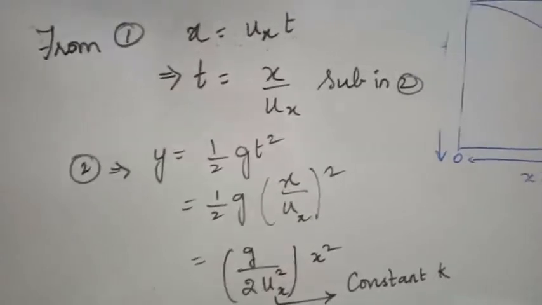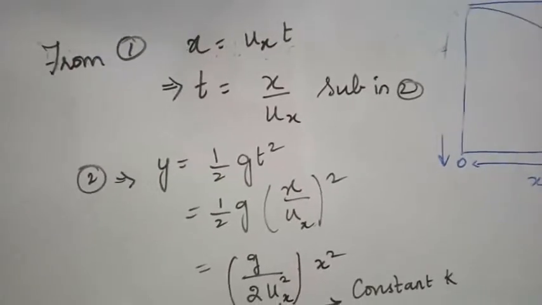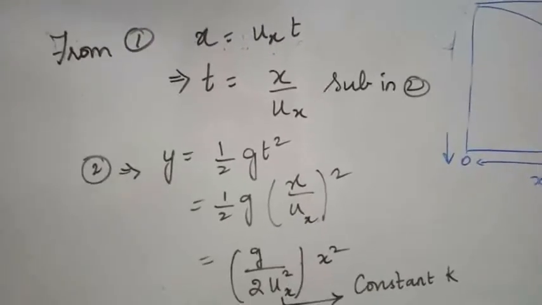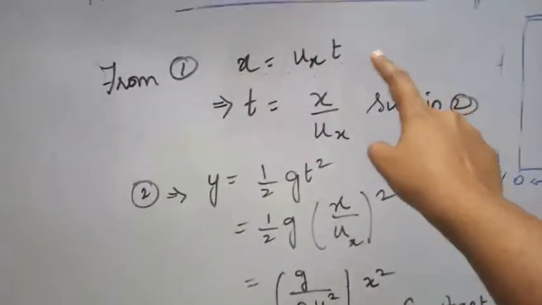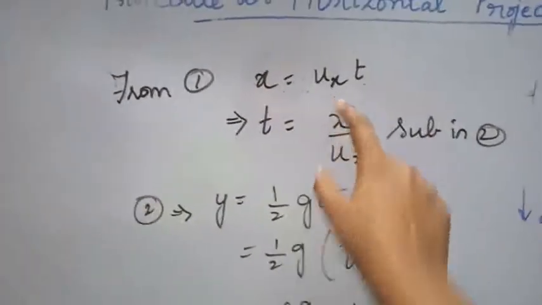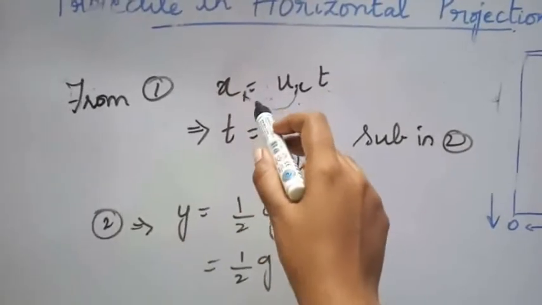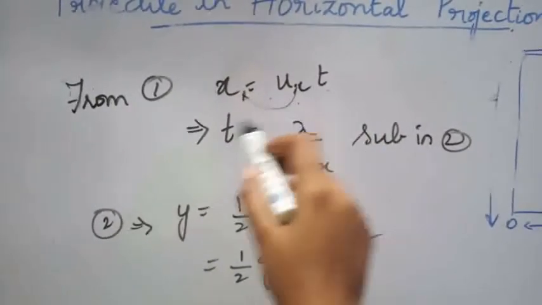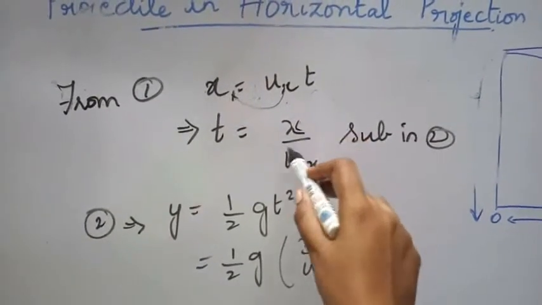From equation 1, x is equal to ux into t. I am going to get the value of t from this equation. Bring ux to the other side, so t is equal to x by ux.